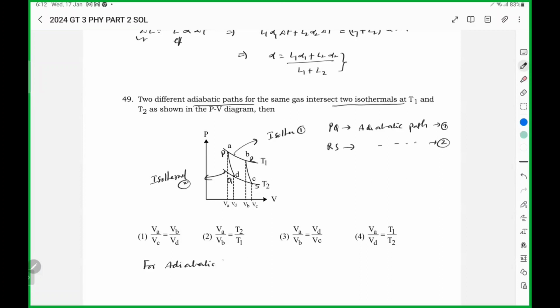So here, for an adiabatic process, the relation between temperature and volume is as follows.